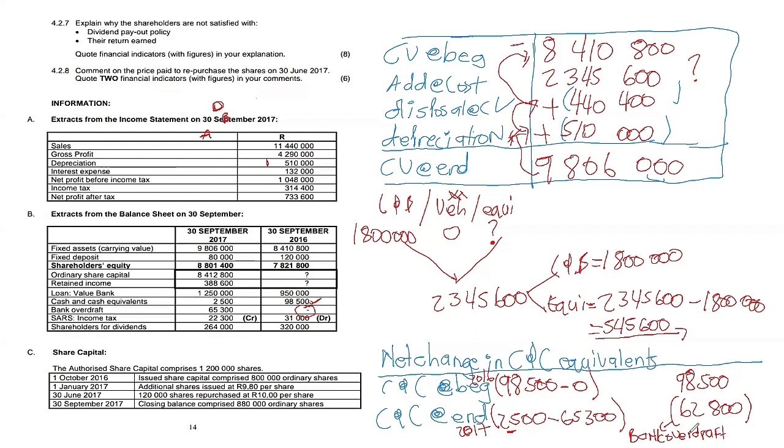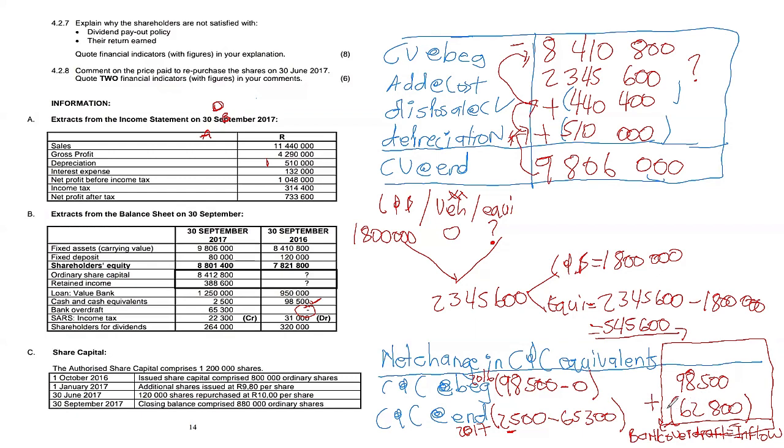Remember, I said your bank overdraft on the cash flow statement is classified as an inflow. So when you calculate the total for net change in cash and cash equivalents, it's going to be 98,500, you will add 62,800. The reason why we add our bank overdraft is for us to get the total inflow for your cash and cash equivalents.